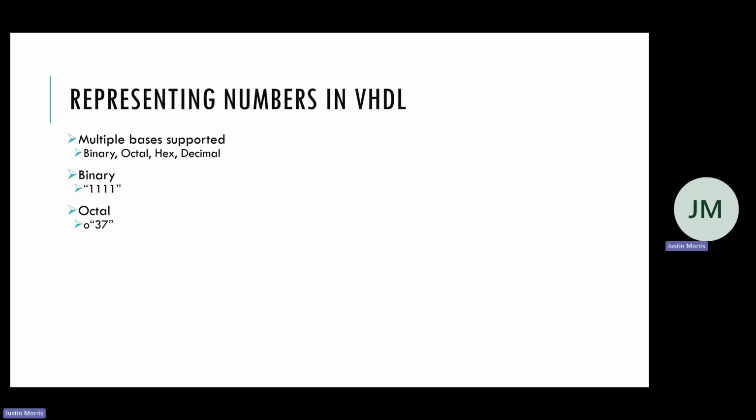So octal. So octal is how many equivalent binary bits? So it's base 8. But how many equivalent binary bits for one base 8 number? 4? That's equivalent to hex.